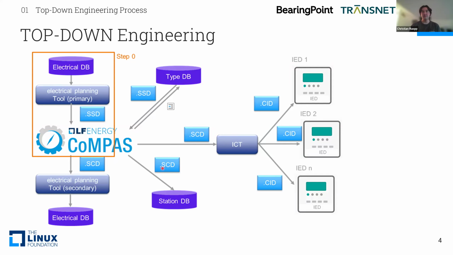So this SCD then gets exported from CoMPAS, then imported to our ICT tool, more on that later. And I also can import this SCD back into my electrical planning tool to maybe enrich the electrical planning further based on the functional design that I made in CoMPAS, if this is necessary for our or your process.